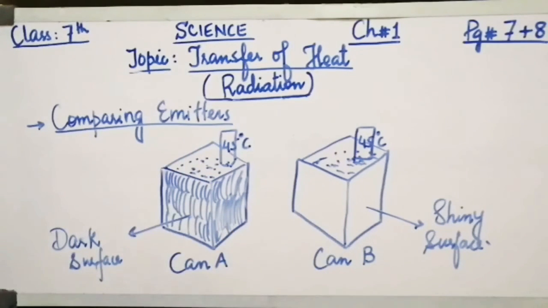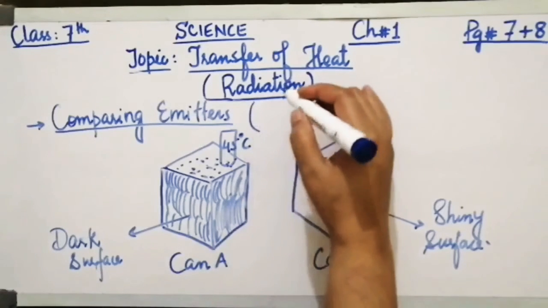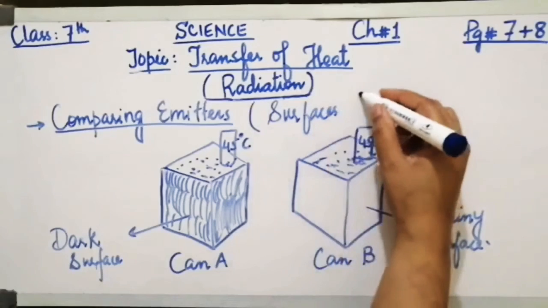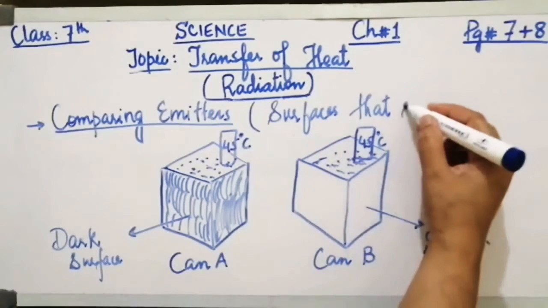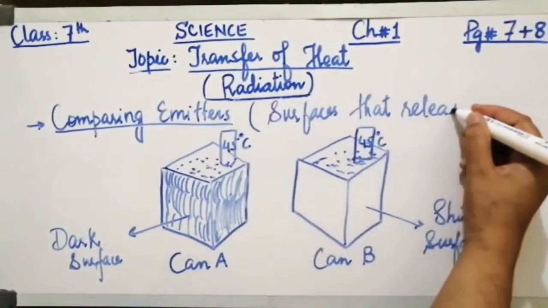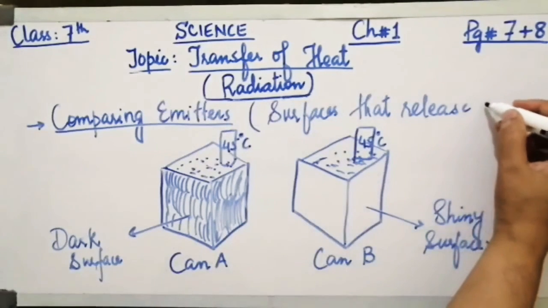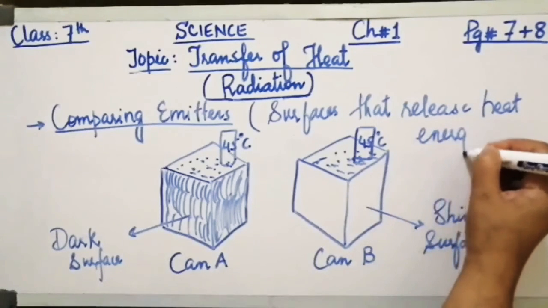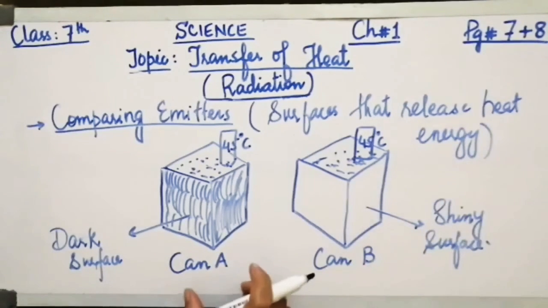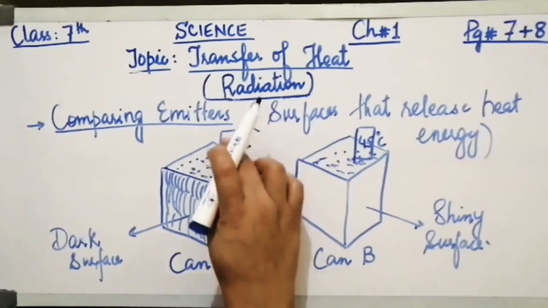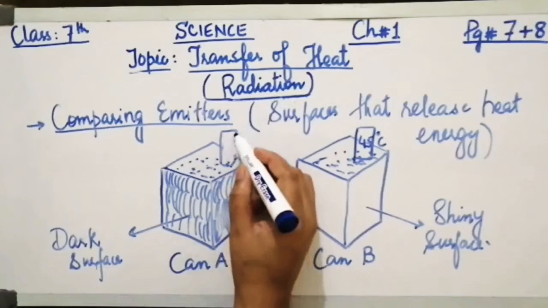Emitters means those substances or those surfaces that release heat energy. Emitter means emit. Emit means release thermal radiation or heat energy. So in can A we can clearly observe why the temperature is decreasing. What is the reason?